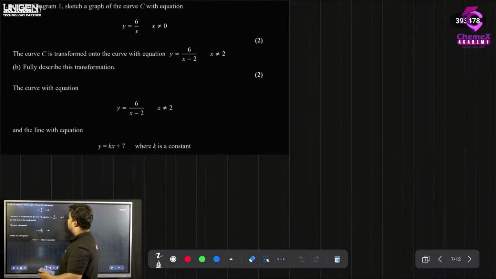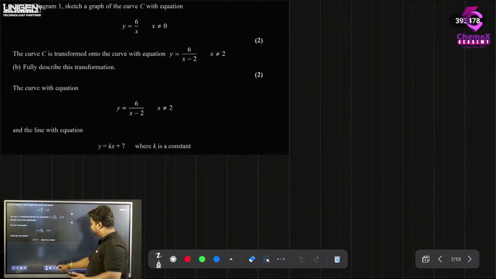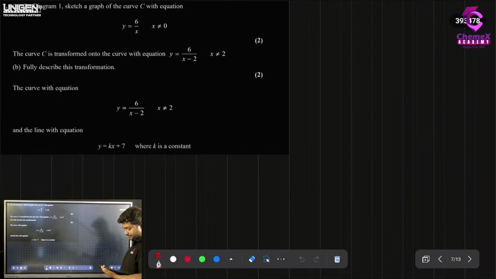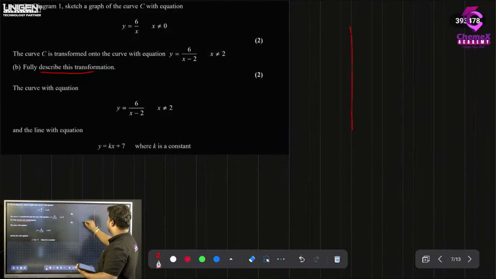Okay. Curve C transforms into the curve y equals 6 over x minus 2. So what has happened? This is a good question. They are asking to describe it. For example, if your graph is plus 1 over x, it's going to be like this, right?